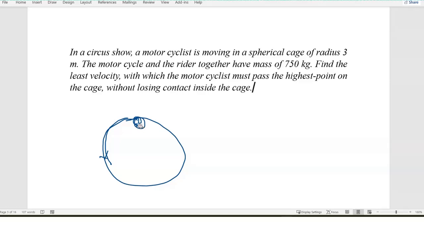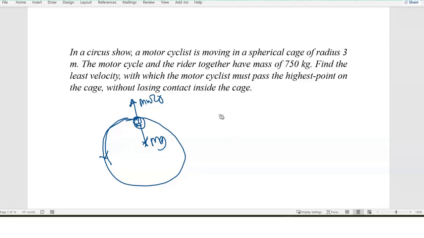But if they are not to lose any contact, then the centrifugal force and the weight must be equal at this point. So m omega squared r and mg must be equal. If they don't, then there will be a problem.